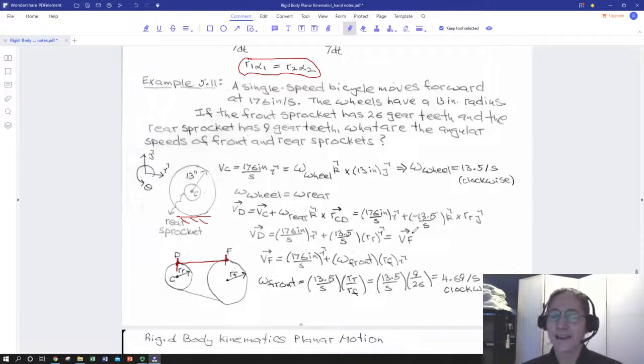So that concludes our discussion of rolling, various flavors of it, but basically rolling is just another planar rigid body motion. We can use everything we know about relating the velocity and acceleration of one point on a rigid body to another point on that rigid body via the angular velocity and acceleration of that body relative to a fixed reference frame.